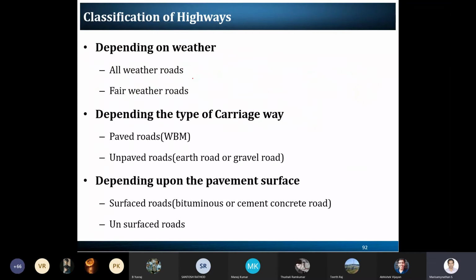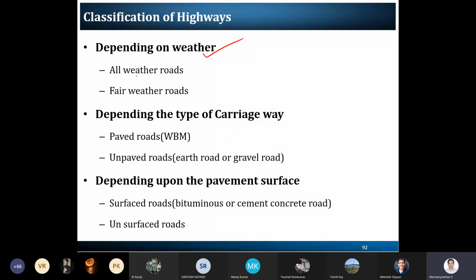Basically, different ways are there to classify the highway or road structure. We can say there is no one standard pattern to explain it. One is with respect to the weather, how we can classify the road by adopting the weather.